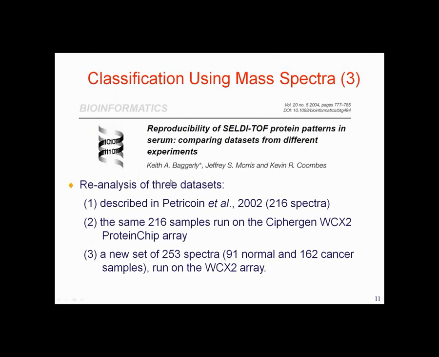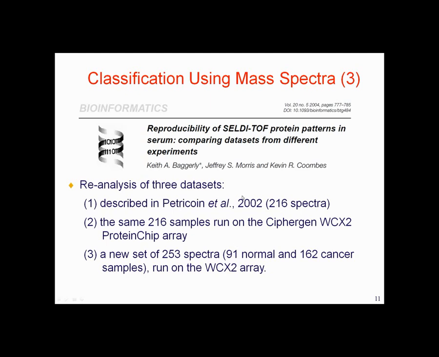So Keith Baggerly and colleagues could take the data for the original samples, and they also had a new set of 253 spectra, 91 normal and 162 cancer samples, run on another platform, and they could take a closer look at this data. Remember, the previous results were based on these 216 samples, okay?